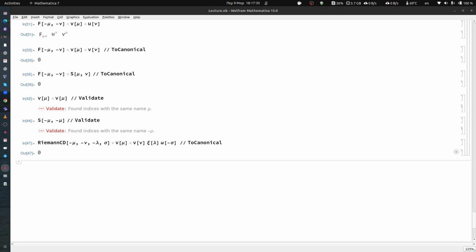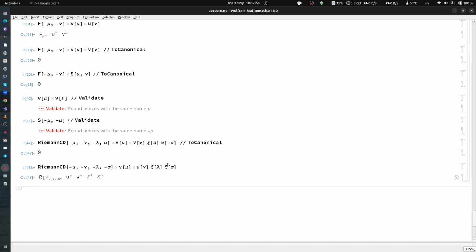So let's work out a similar example. Here you see that I use the covariant Riemann tensor. All 4 indices are downstairs. This is the output form of this expression.